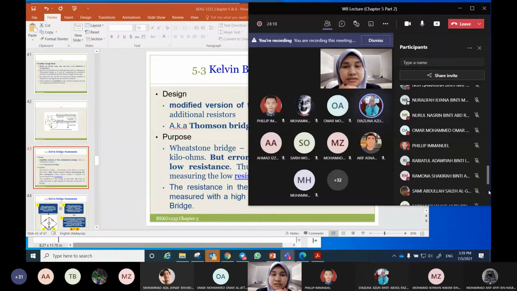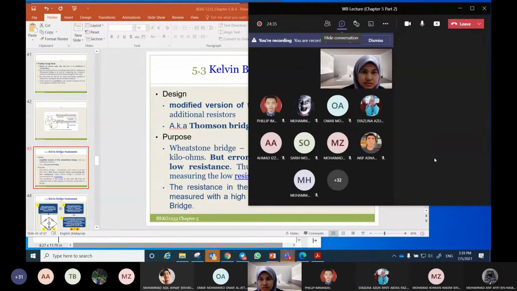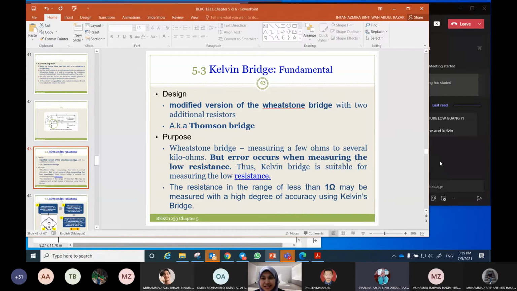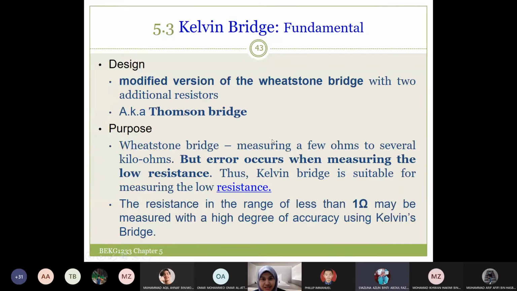Give the names of the bridge. Sekejap. Tengok atas lah. Wheatstone dengan Kelvin. Okay. Ada tak lain nama Kelvin? Ada tak Hazlina? Tak ada kot.